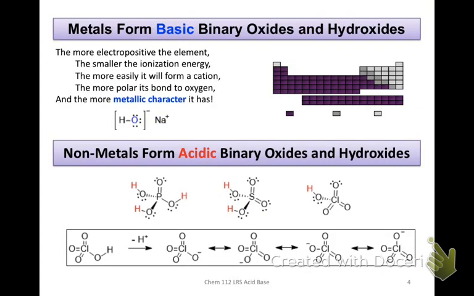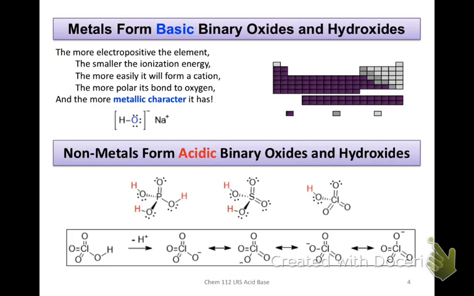Metals form basic binary oxides and hydroxides. You know that the bond between oxygen and sodium in sodium hydroxide is an ionic bond. There's been complete transfer of electrons to the oxygen to form a cation and an anion. Sodium likes to do this because then it forms a noble gas configuration.